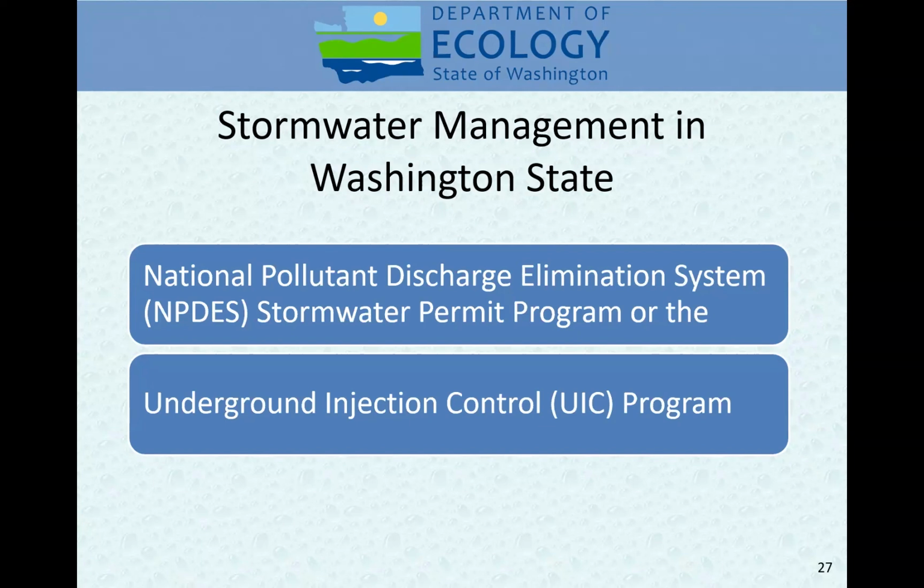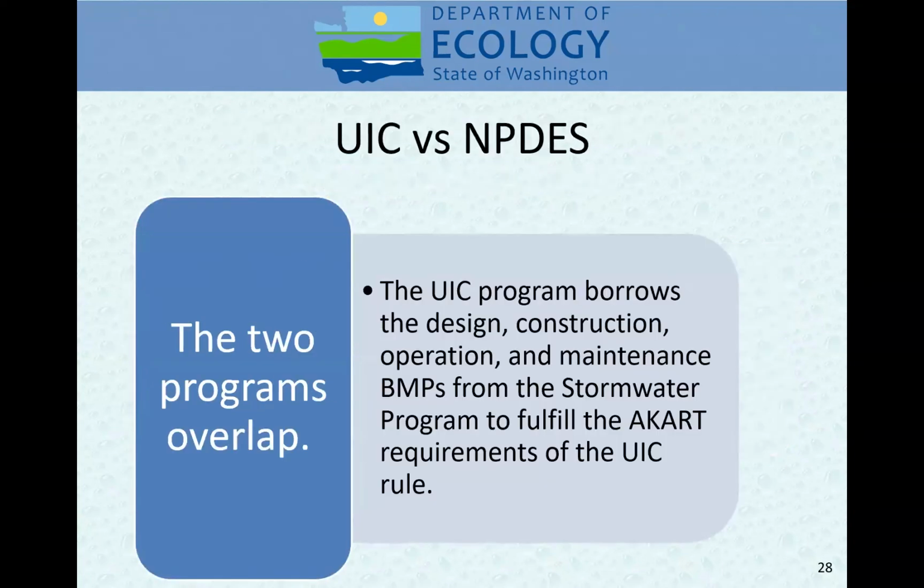So our interaction with the UIC program is solely for Class 5 UIC wells, which are stormwater wells. And the other way we're managing stormwater in Washington State is through the NPDES permit program or municipal permits. And the two overlap and they borrow from each other.